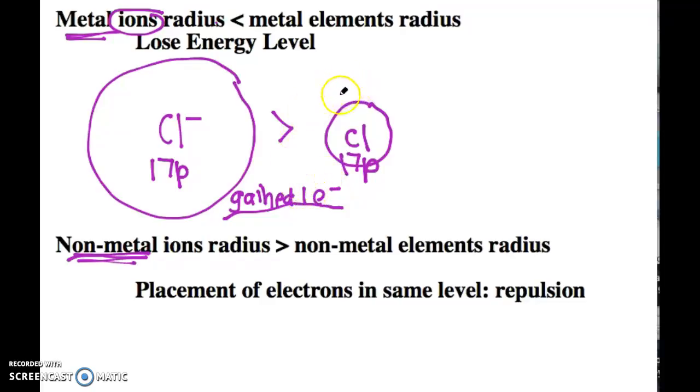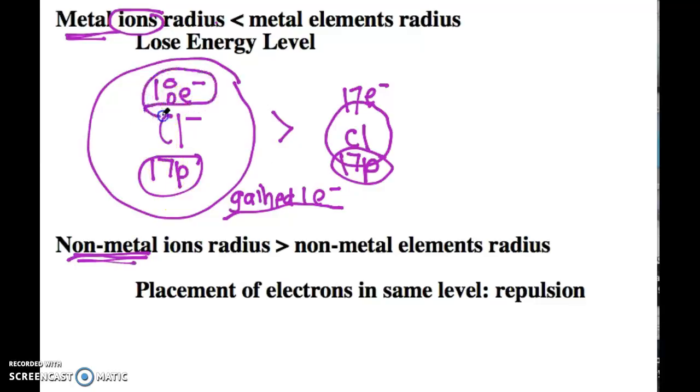Now, in this chlorine atom, we have 17 electrons. In this one here, we have 18 electrons because we gained one. And what's going on here is, even though the effective nuclear charge is the same, they still have 17 protons in each of them.